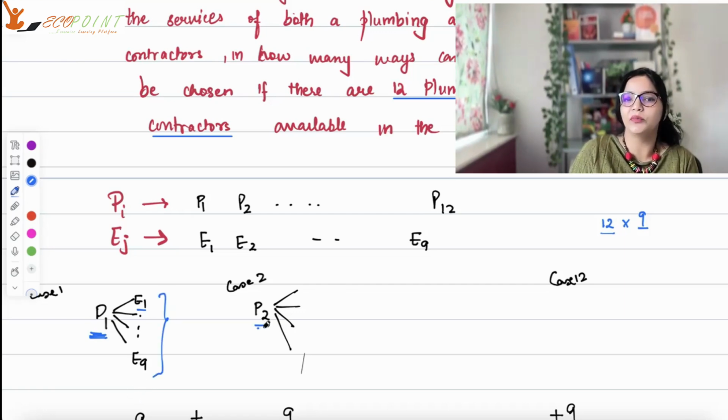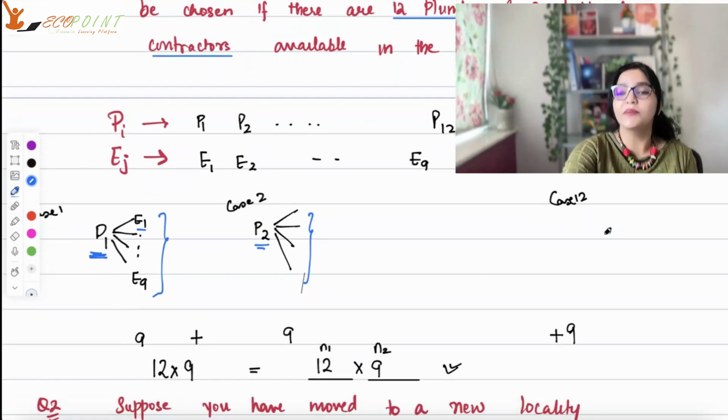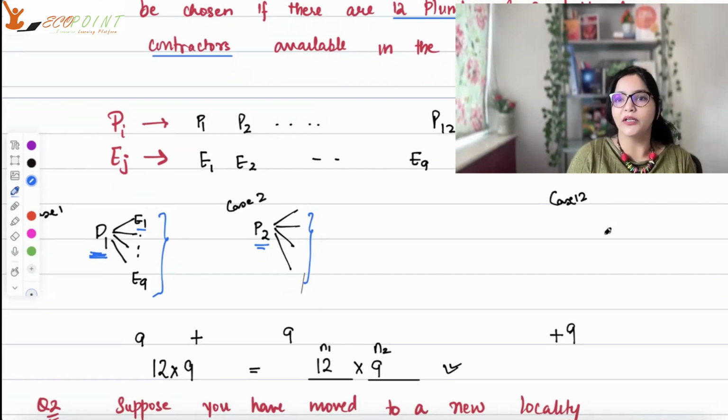Then similarly there could be 9 choices with P2 fixed and so on and so forth. So you'll have 12 such cases. Therefore, you have 12 into 9 total possibilities, and that's what is the product rule in counting.